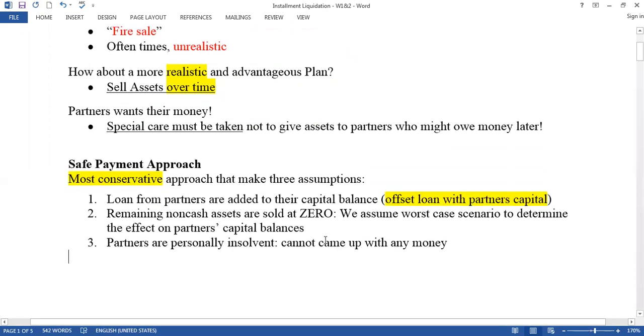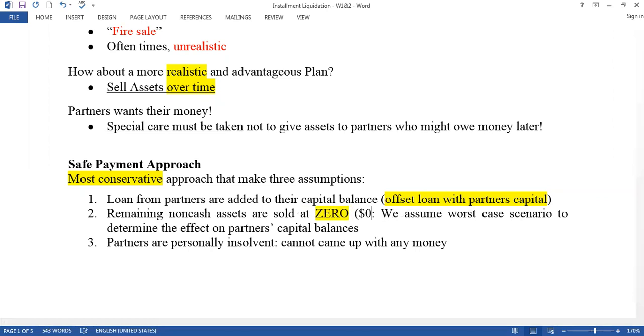The second assumption, so try to understand. This is an assumption when we solve the question. Remaining non-cash assets are sold at zero. Remaining non-cash assets are assumed to have a zero amount. What is the meaning?